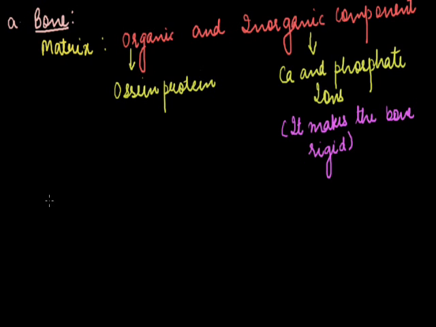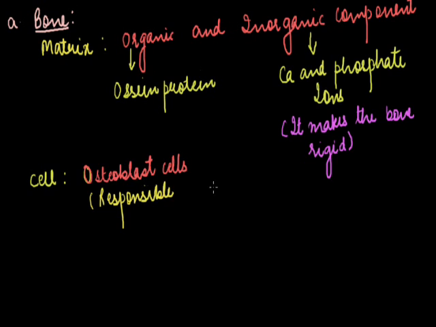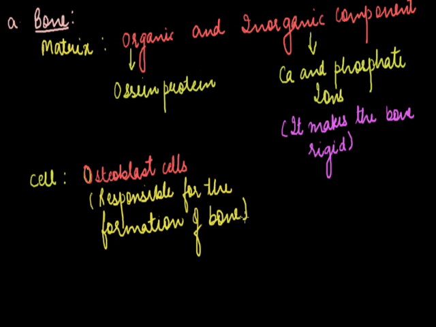Now coming on to the cell part, the matrix contains cells, and these cells are called osteoblast cells. These cells are responsible for the formation of bone.